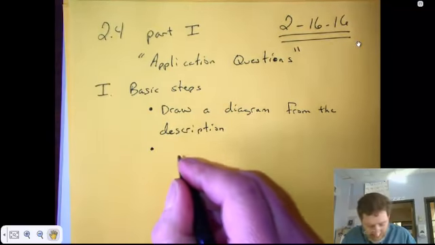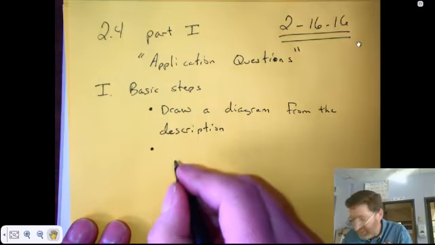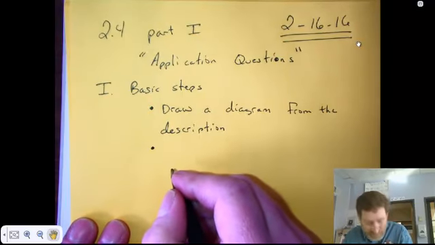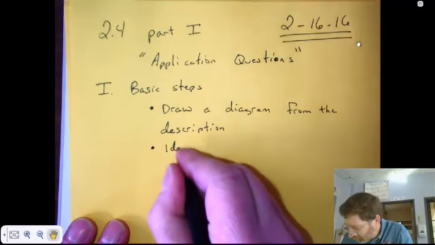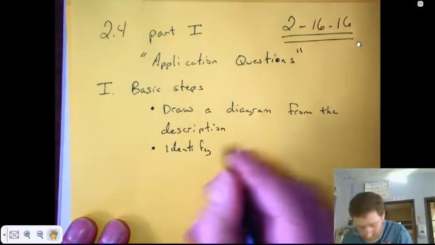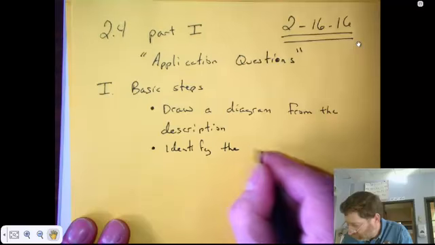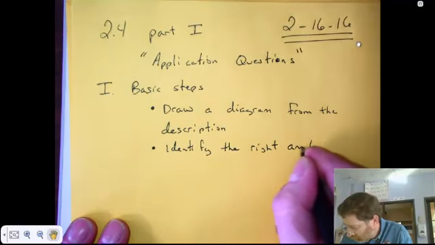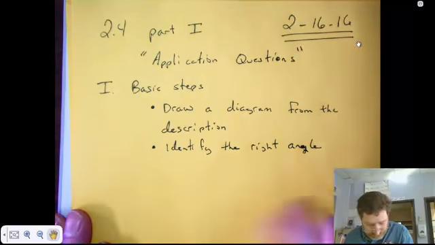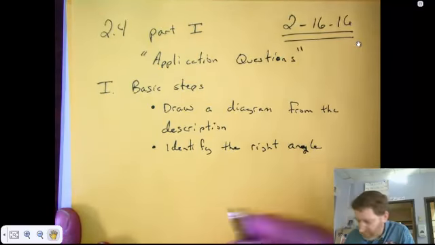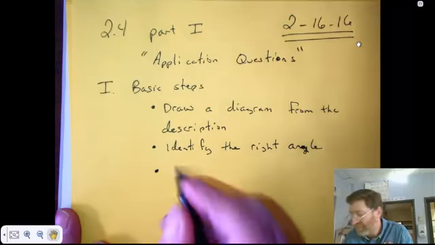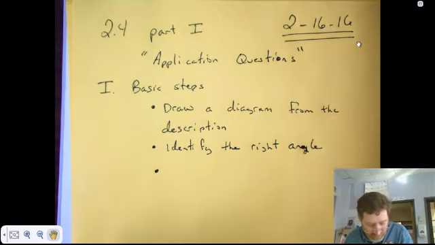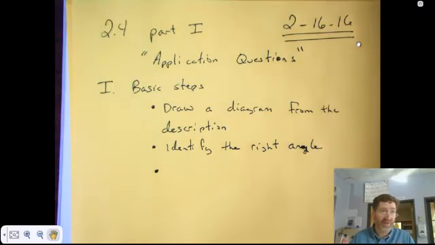If possible, of course, you need to identify the right angle, because all of these will involve right angles and right triangles. Okay, and since these are application questions, I want you to always give the approximate answer. On the last quiz, I wanted exact answers, like leave the radicals.